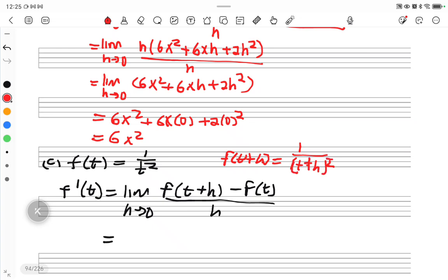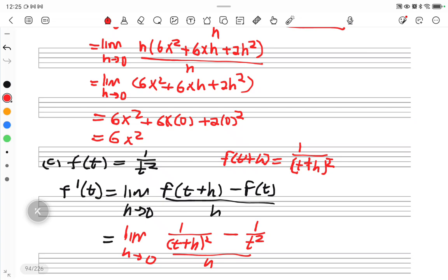And that would be 1 over t plus h squared. You see, right? Then here we'll have the limit as h approaches 0. Then f of t plus h is 1 over t plus h squared, right? And then we'll have minus 1 over t squared all over h.